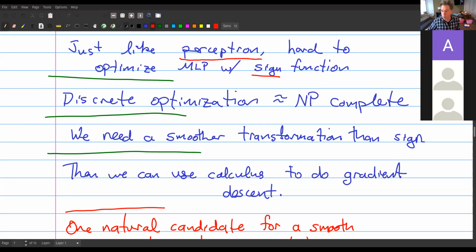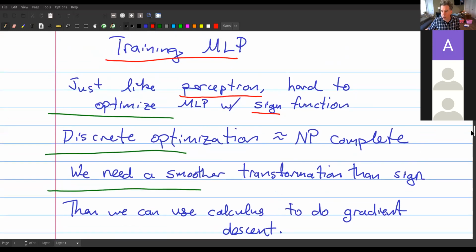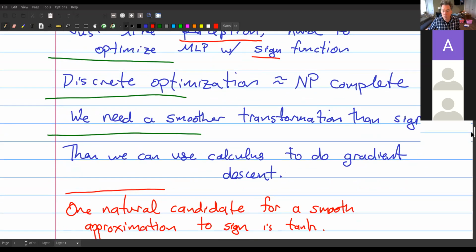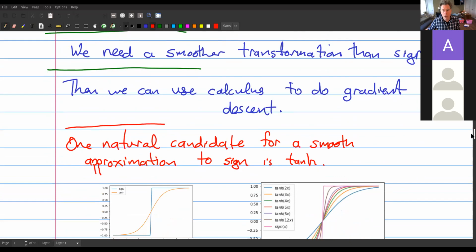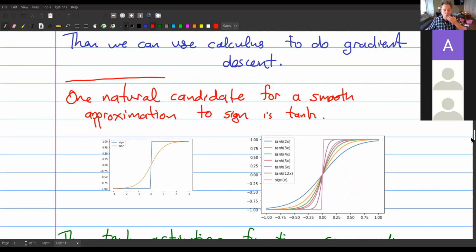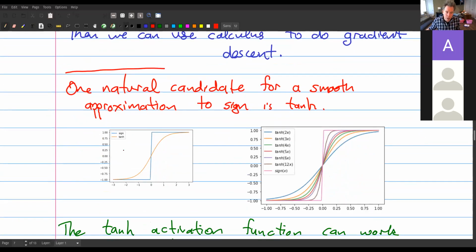One way to make this better, which is the same approach that we used last time, is to use a smoother transition than sign. The advantage of doing that is that you can use calculus and do gradient descent to find the optimum.